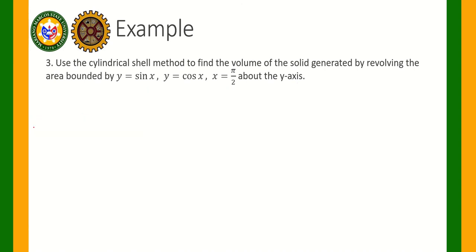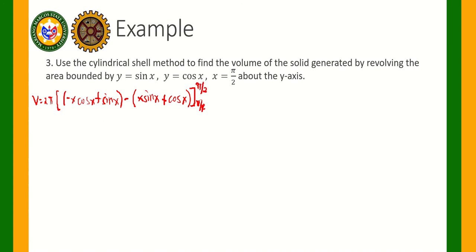So, next slide, V is equal to 2 pi times, that is equal to negative x cosine x plus sine x minus x sine x plus cosine x, limits from pi over 4 to pi over 2.